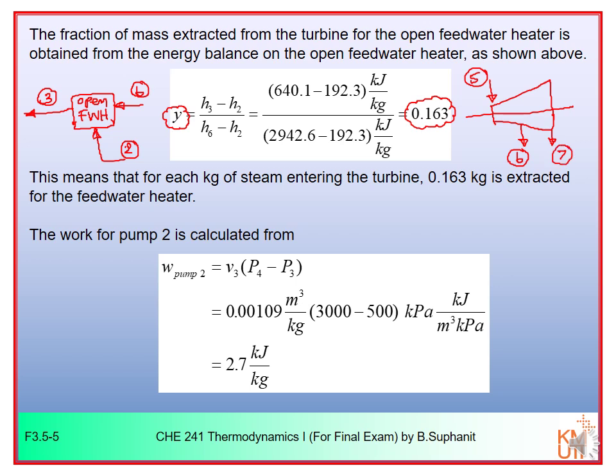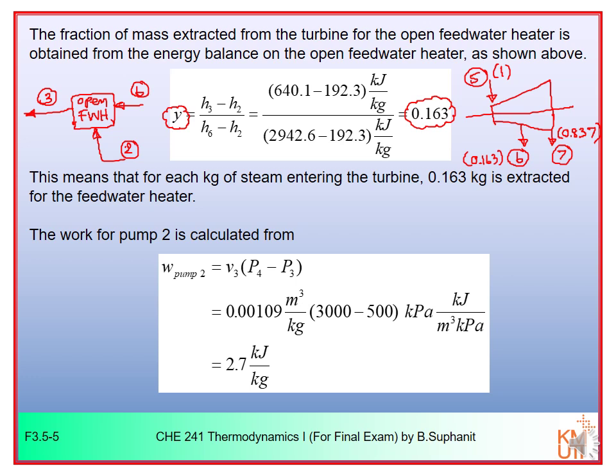With the full fraction entering at number 5, you will extract a fraction of 0.163, and the remaining will go out at the final exhaust, number 7, which is the fraction of 0.837. This is the fraction of the steam coming out at the final exhaust. So you have the fraction at each point like this.